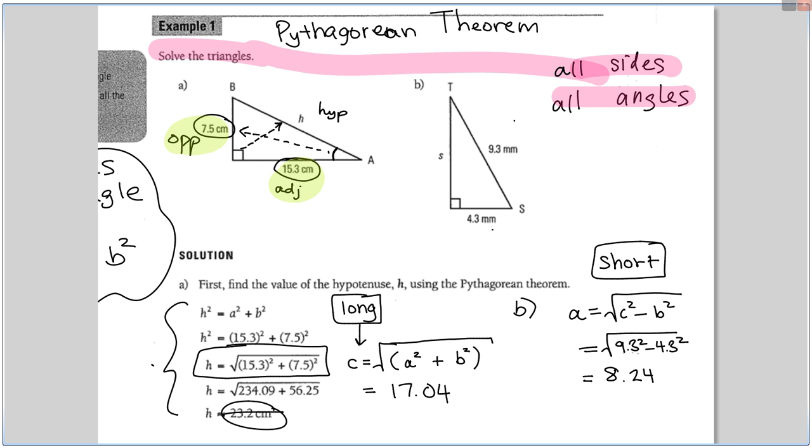See how tangent does op and adj only? So you have to choose tangent. So you write it like this. Tan with a little -1 bracket. Now which one goes first? Op or adj? Op. So 7.5 divided by 15.3.